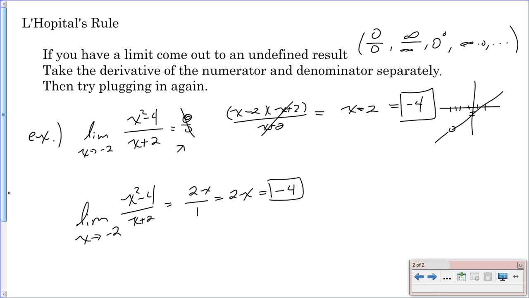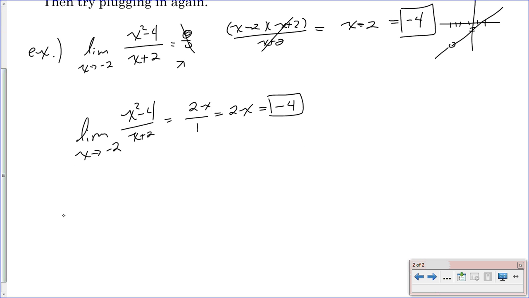Now let me show you another example where this comes in even more handy. Let's do the limit of x squared plus 3x plus 2 over x squared plus 6x plus 5.